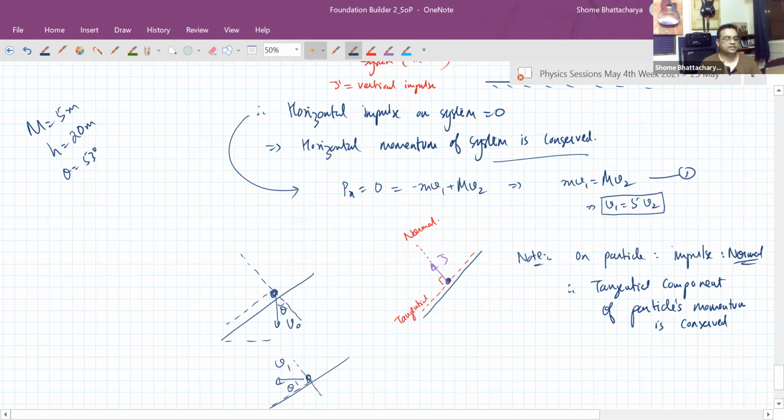So the tangential component of the particle's momentum before impact was mv naught sine theta. After impact it is mv1 cos theta. So that's our second equation, and this gives us directly an answer that v1 is equal to v naught tan 53.